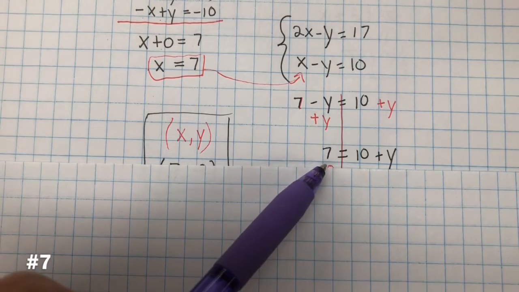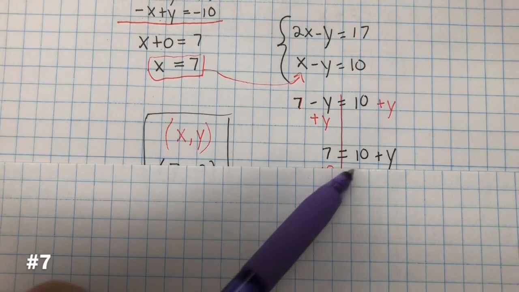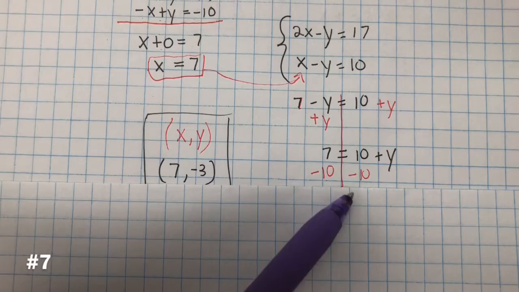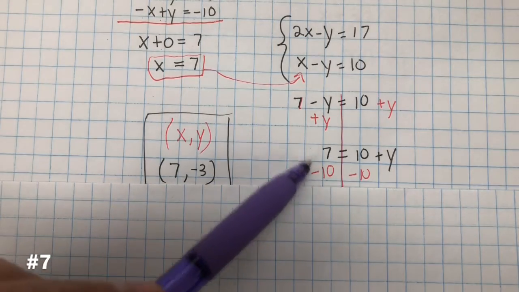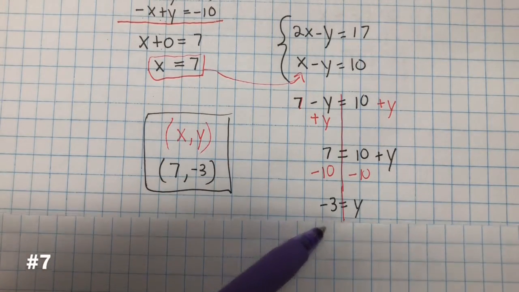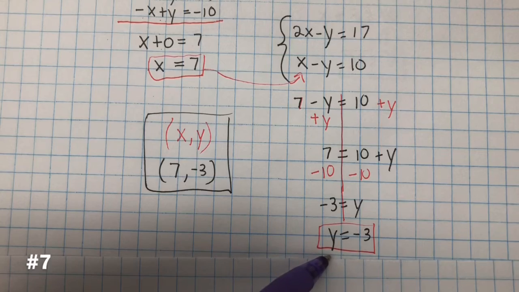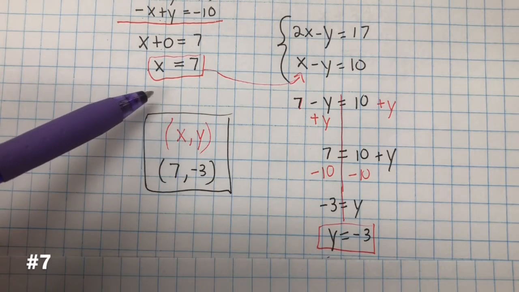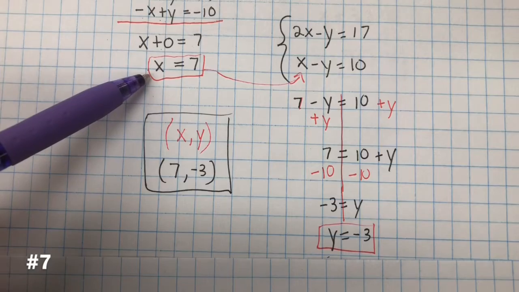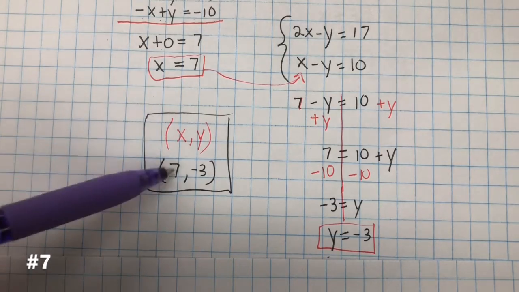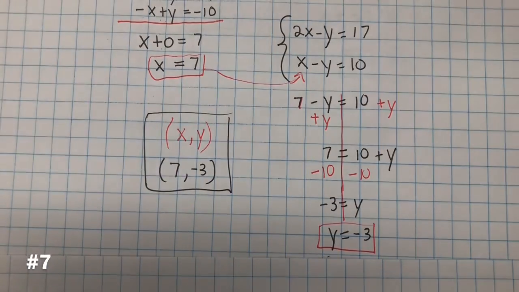Now I have 7 equals 10 plus y. Subtract 10 from both sides, 0 pair. 7 minus 10 is -3. So y equals -3. And now I have the solution to this system, (7, -3).